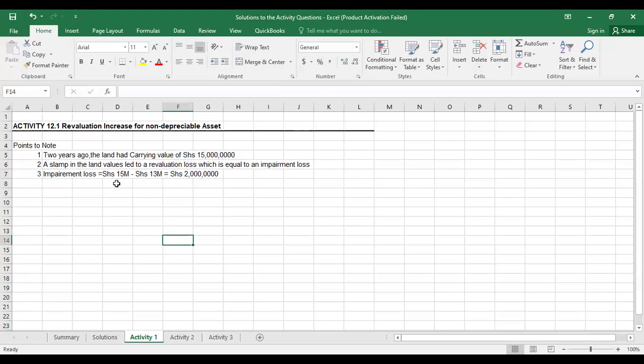That is the 15 million minus the 13 million, which we've been told is the current value of the asset. Number four, in the current year, the land has gained value. It's now 20 million.